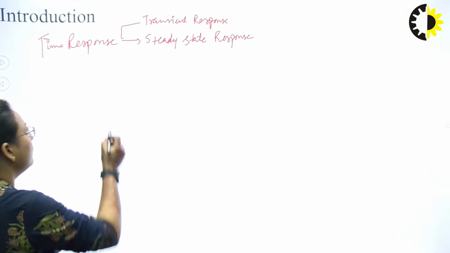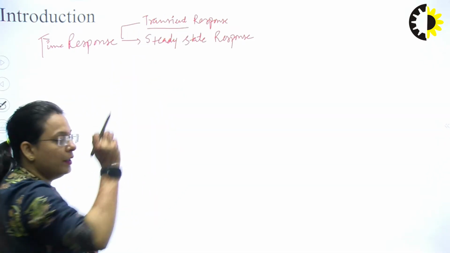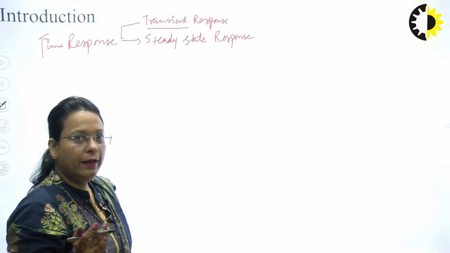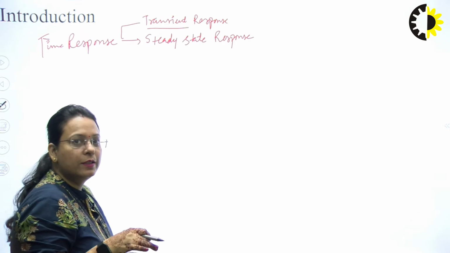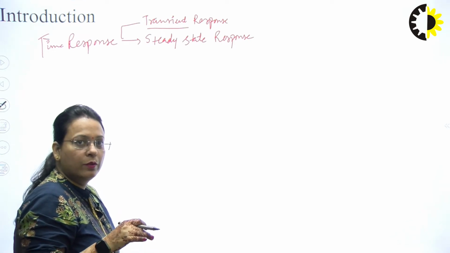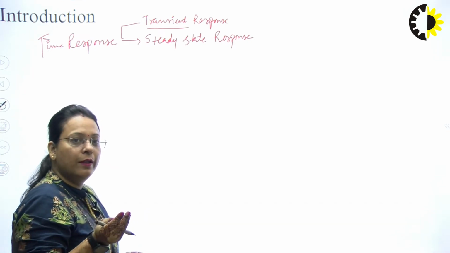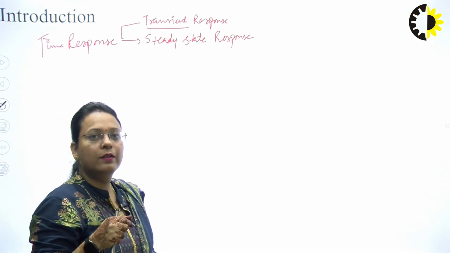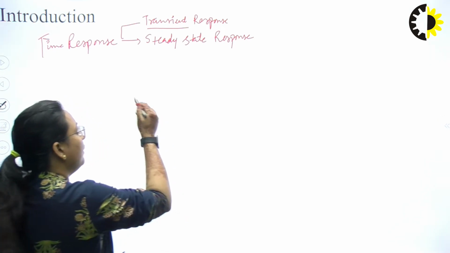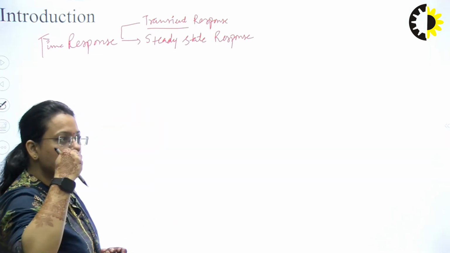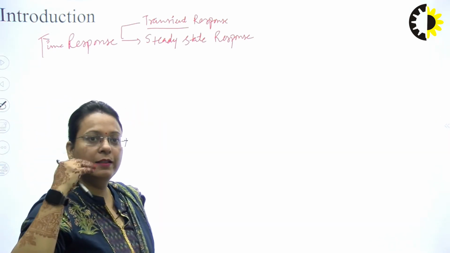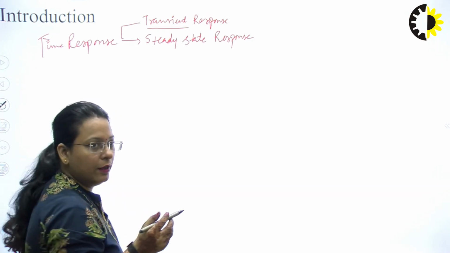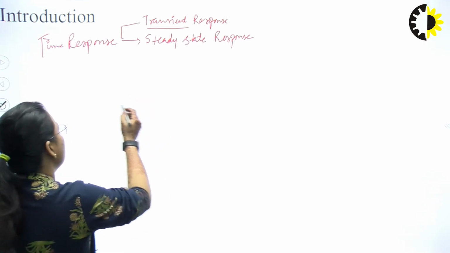The transient response is the initial response of the system, and the post transient part is called the steady state response. The transient response occurs in the transient state, while the steady state response will be achieved in the steady state. Whenever the response of the system is observed as time approaches infinity, we get the steady state and the corresponding steady state response of the system.